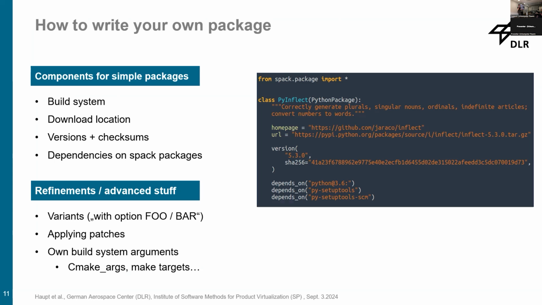Then I can give some variables, like I want to have it done with OpenMP. I want to have it with sugar on top. And then I can apply patches. And then at the end, I can give the build system the flags I need for the building. And then everything is stored in the package for the different release versions. And I have all of my knowledge in this package, and the next one just can use this package to install all the already implemented versions.